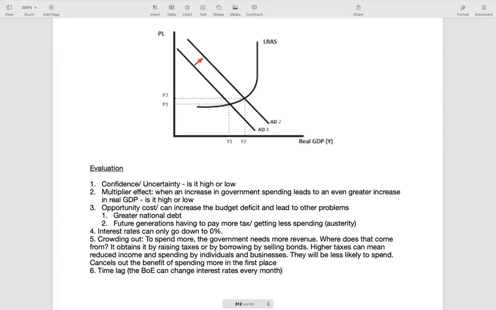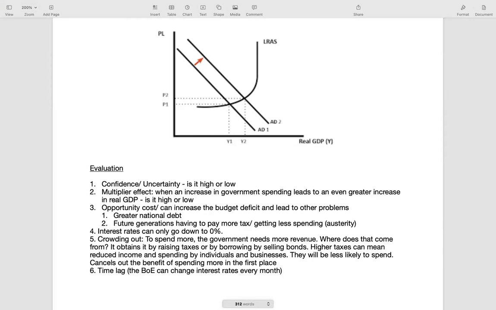It won't affect straight away, but it will go on the news straight away, and within a month or two that will filter down to local banks. We don't borrow money from the Bank of England, we borrow from local banks, but the local banks copy the Bank of England. So there's a short time lag, which is a good thing. If you want to affect the economy, you can change the interest rates, and within a month you'll see some impact.